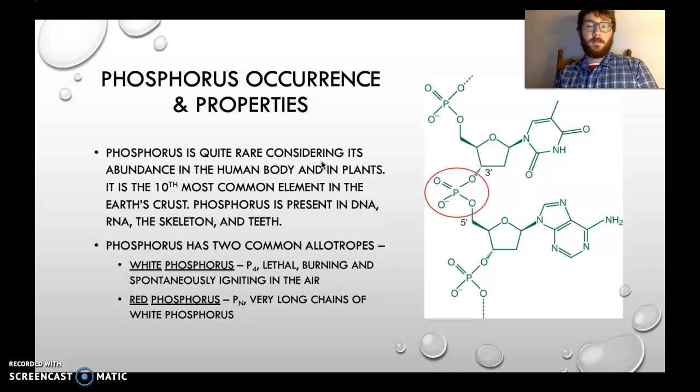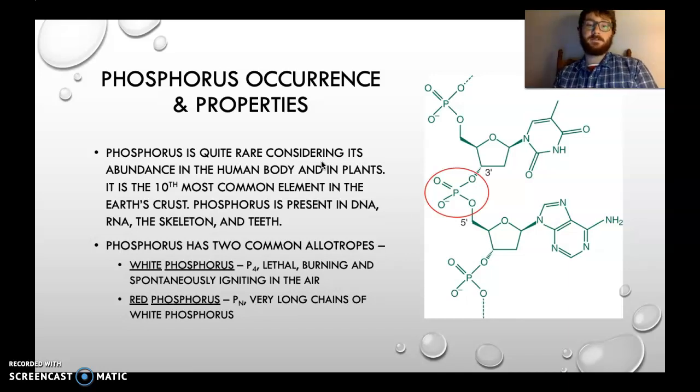Phosphorus has two common allotropes, or forms. We have white phosphorus, which is P4. White phosphorus is lethal, burning, and spontaneously igniting in the air. And you have red phosphorus, which is P with the subscript n. That means any number there, other than 4, of course.